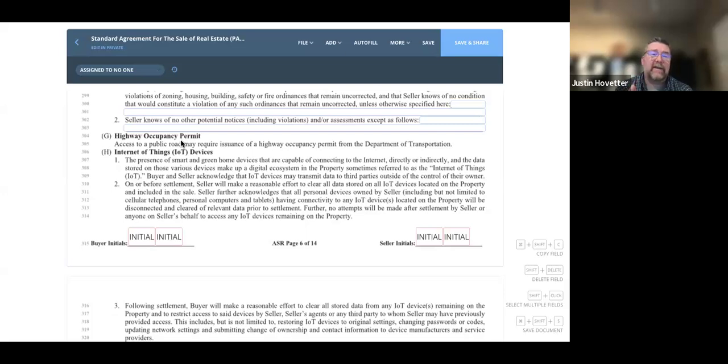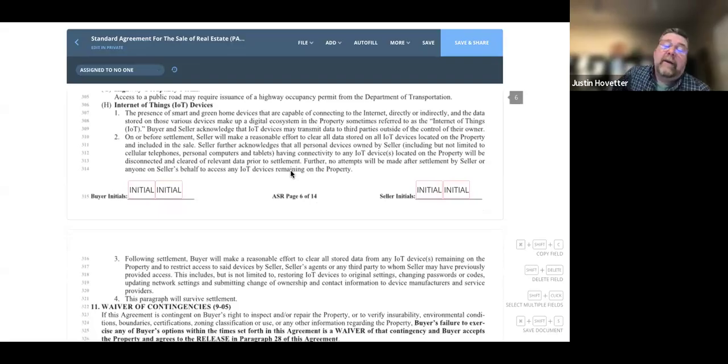I want that to stick as a red flag in your head, because getting a highway occupancy permit can be more difficult than you imagined. Say it's on a hill or a busy road, you may not get granted that permit without substantial structural improvements. That can be a very costly endeavor.